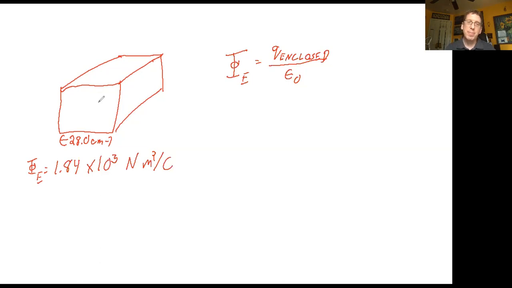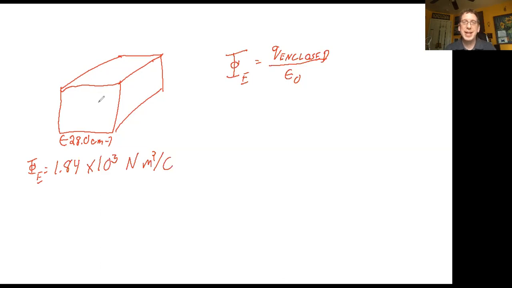And so a positive electric flux means that the net charge enclosed is going to be positive. That means that the field, at least in general, is pointing out more than in, depending on whether it's a simple charge distribution or something complicated with positive and negative charges involved.